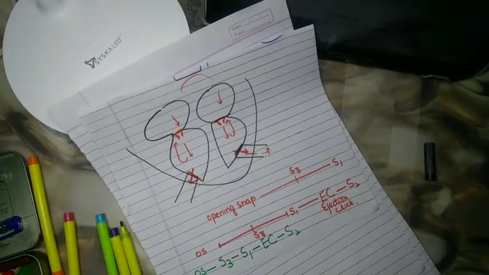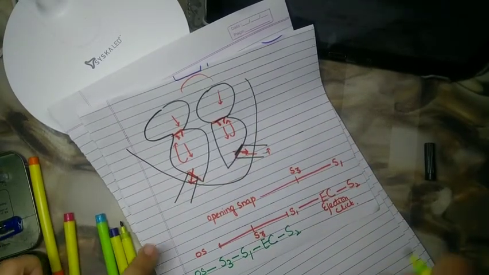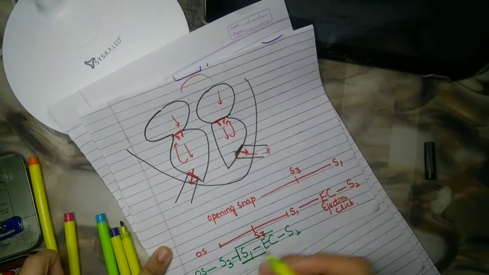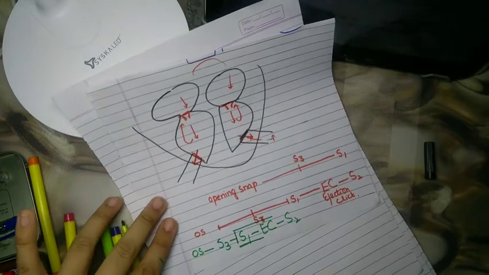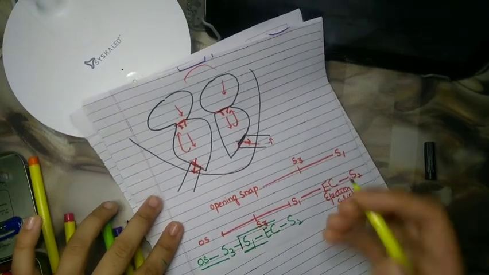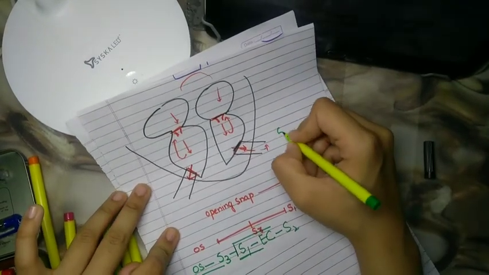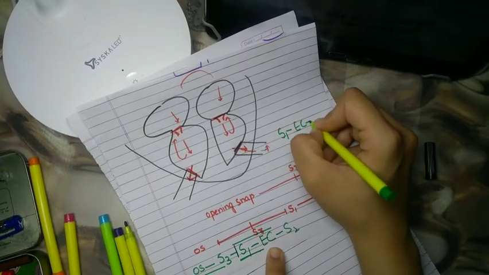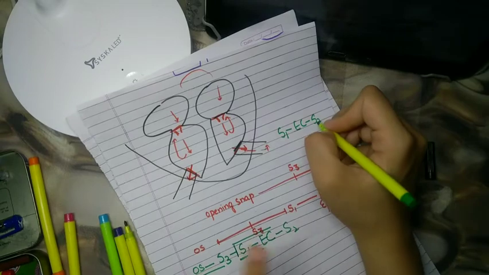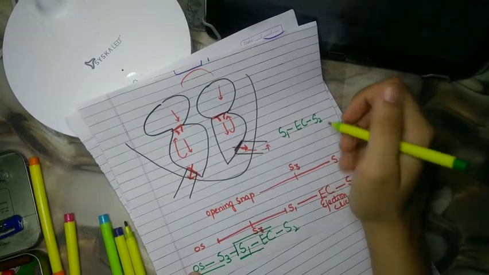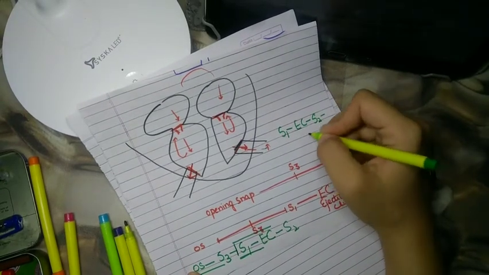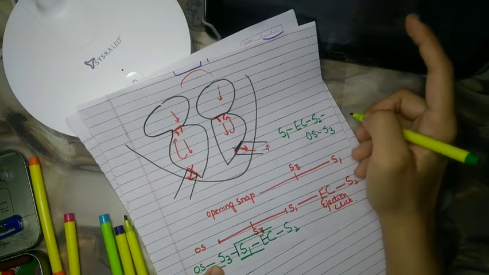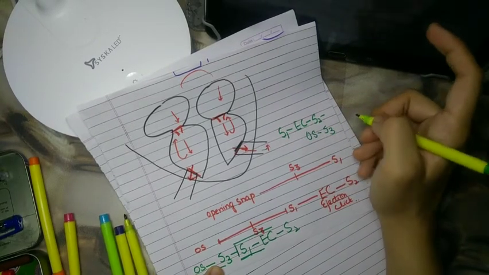Now organizing all this, starting from S1, this is the chain that goes on and on. So starting from S1, then ejection click, then S2, then again come to the first one, then opening snap, then S3, right?